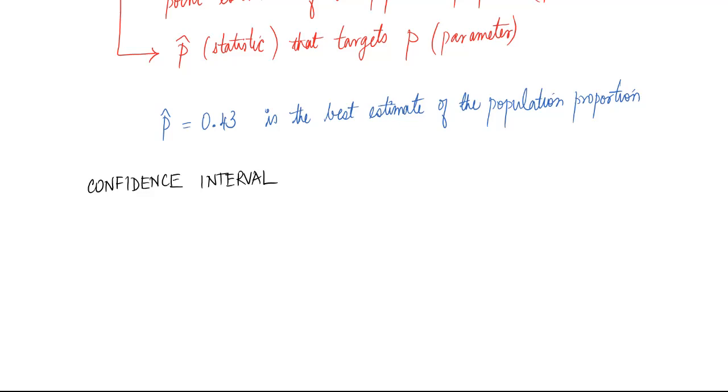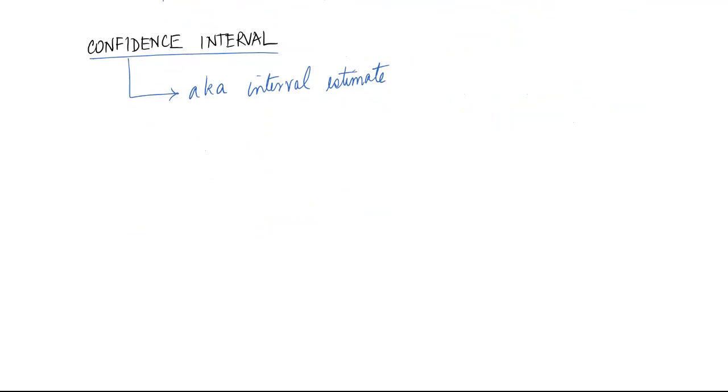A confidence interval, also known as an interval estimate, is a range of values, an interval of values, used to estimate the true value of a population parameter.